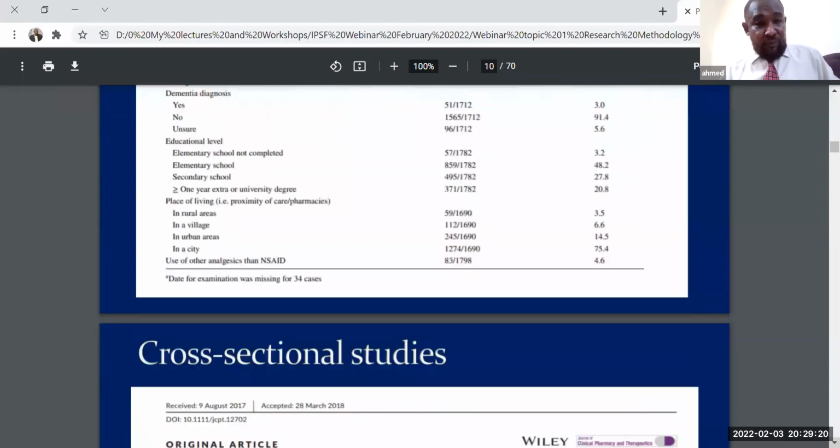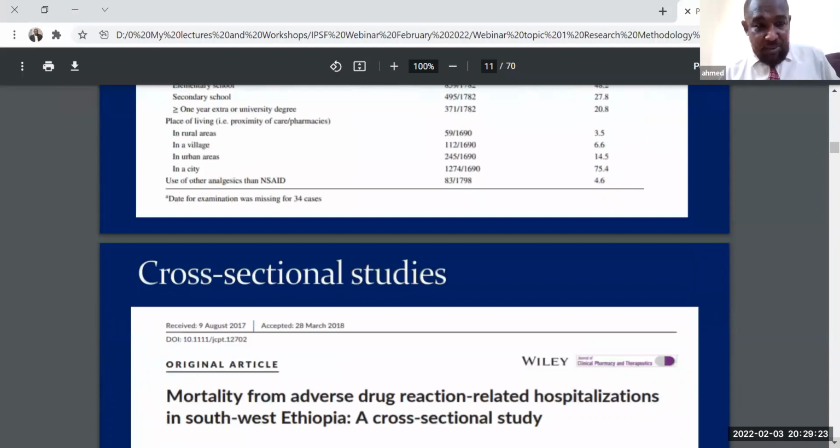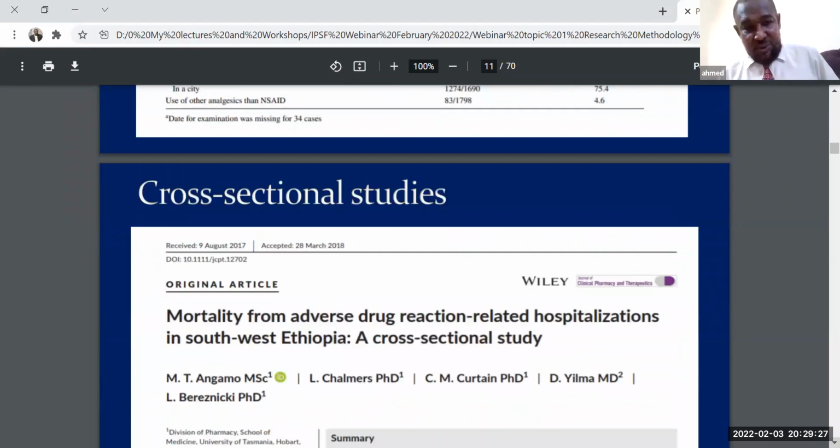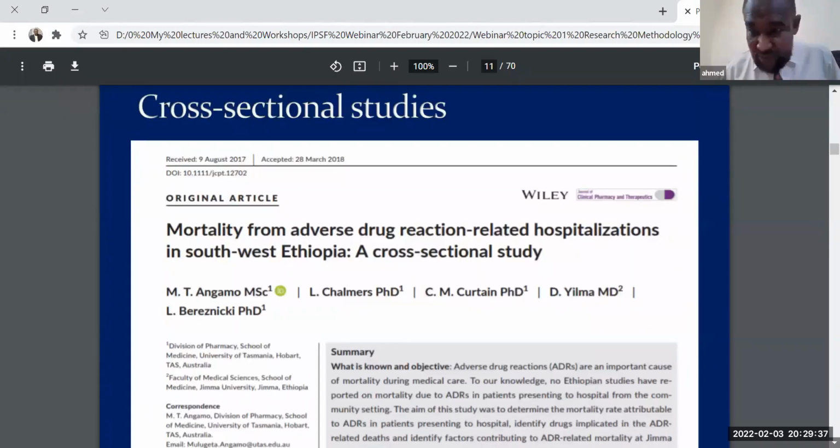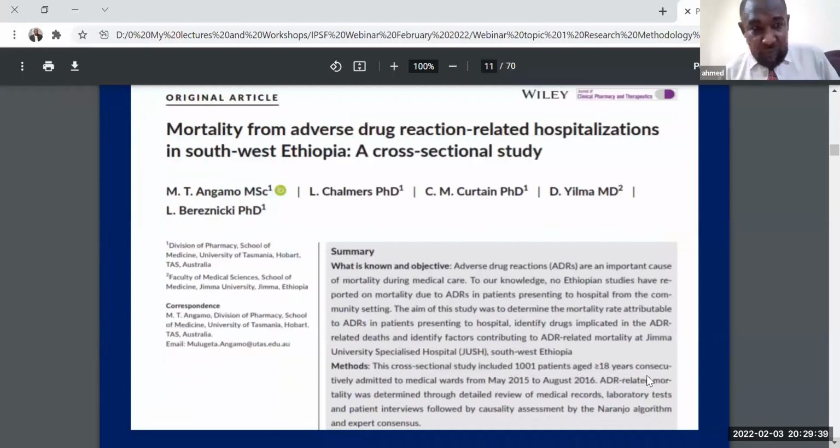Another study is mortality from adverse drug reaction related to hospitalization in Southwest Ethiopia. Still, we are talking about cross-sectional studies. This is talking about mortality rate. It is estimating the mortality rate.